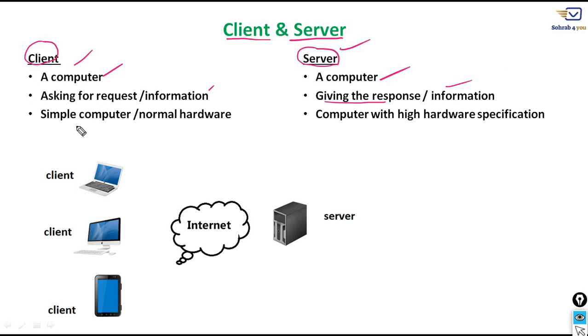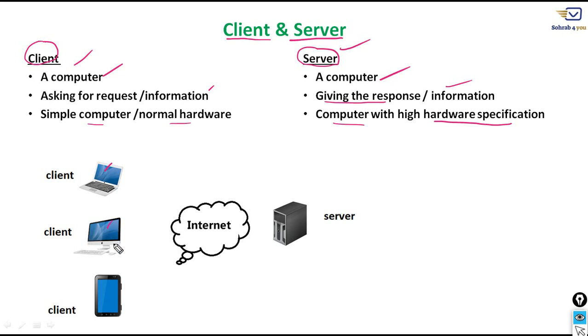A client is mostly a simple computer with a simple hardware configuration. But a server is a computer with very high hardware specifications. For example, it has a lot of storage and memory, and the CPU is good. Now these are the clients.